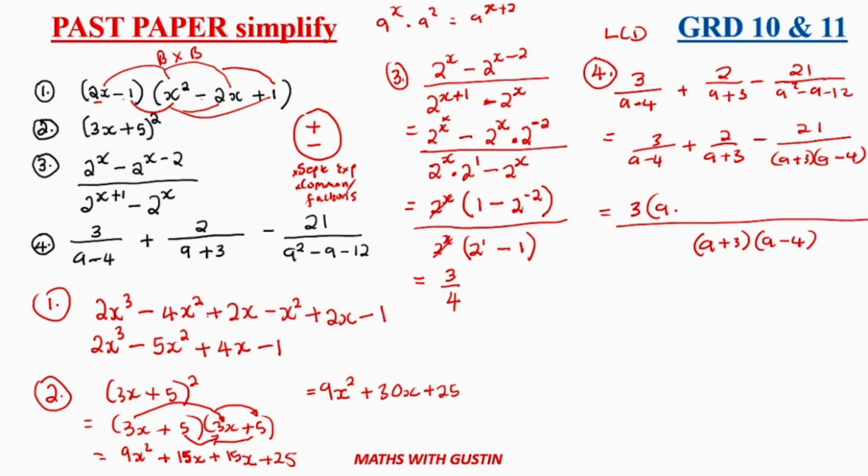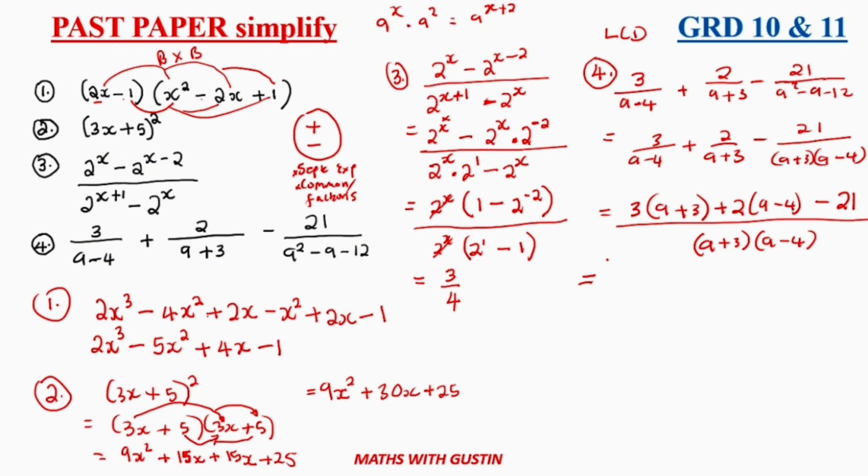Therefore you must multiply it with what is left in the denominator, plus 2, a plus 3 will go into a plus 3 here, leaving us with a minus 4. A plus 2 in brackets, a minus 4 will go the same as the LCD, leaving us with 21. All right, so therefore here we go.